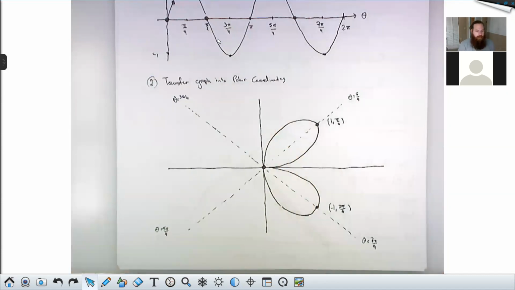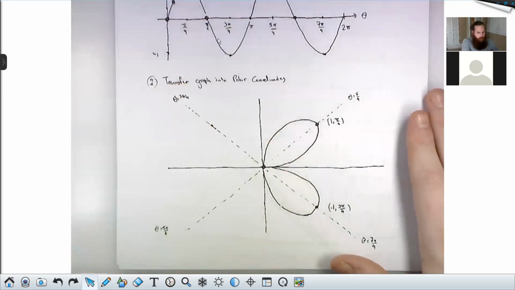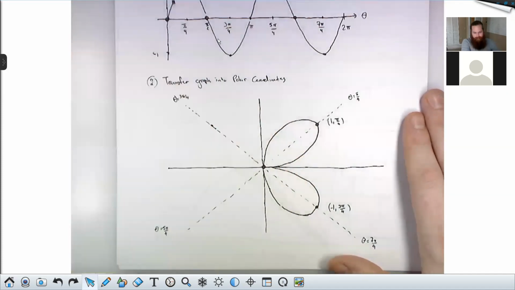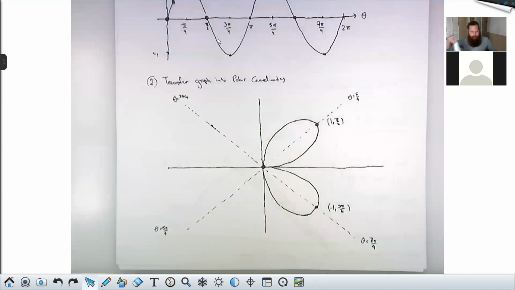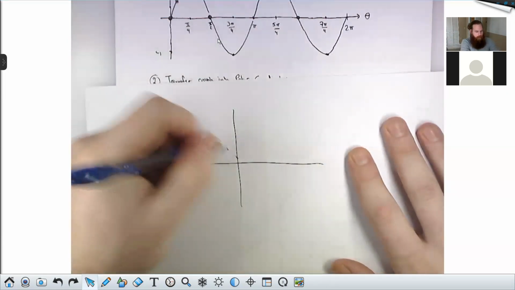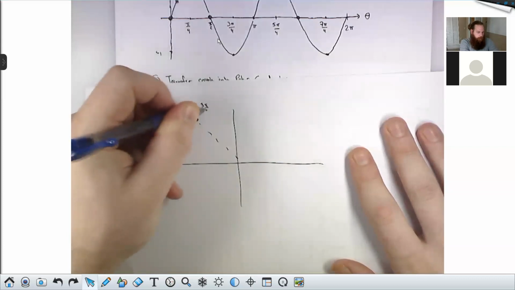So remember, when r is negative, you reflect the polar coordinate through the origin. So over here would be the point (1, 3 pi over 4). I don't want to write it here because I don't want to clutter this with stuff. Here's the polar point (1, 3 pi over 4).